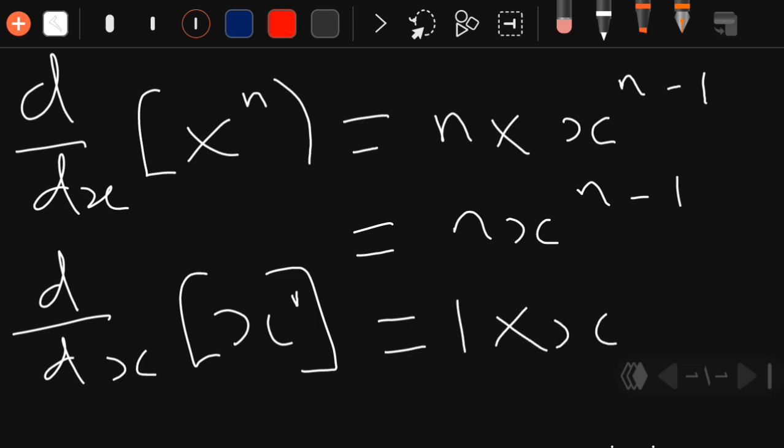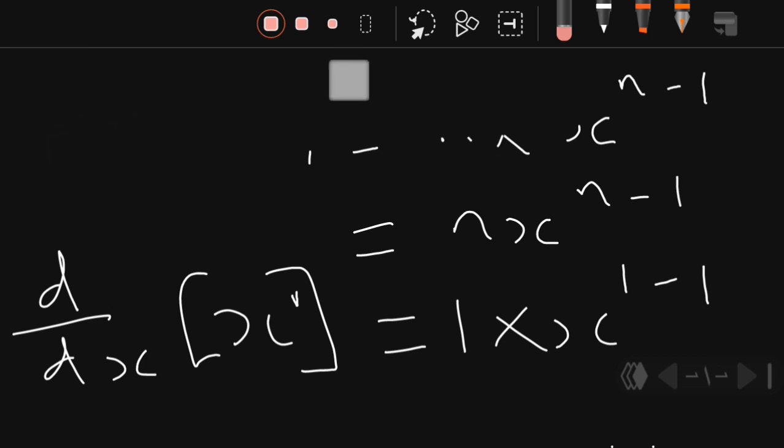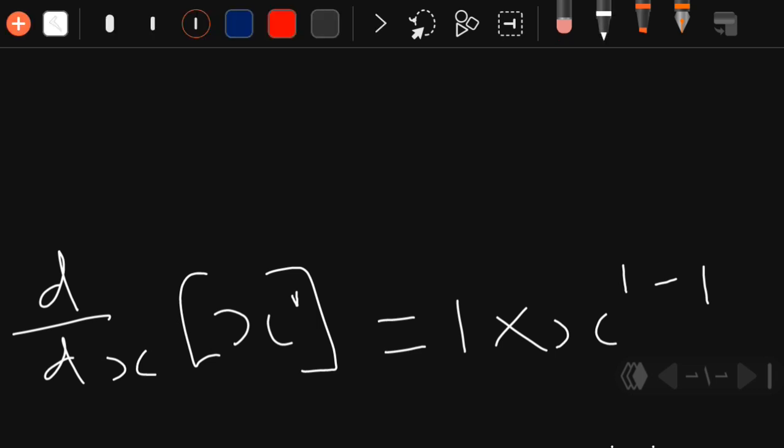Then from there, subtract that power with 1, so it will be 1 minus 1. So what will be the answer? It will be 1 times x, which is x, to the power 1 minus 1, which is 0. Any number or any letter to the power 0, the answer is 1. So that is the differentiation of x.